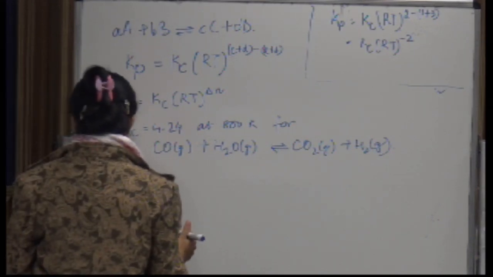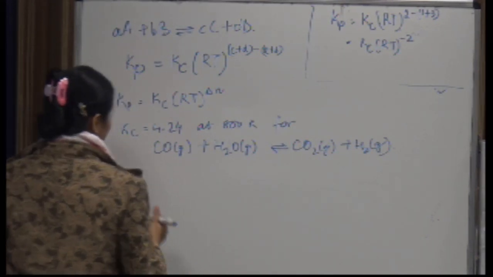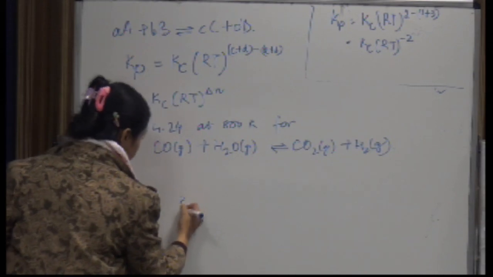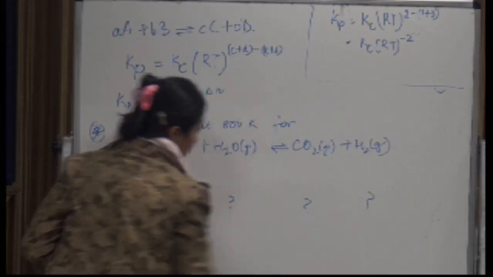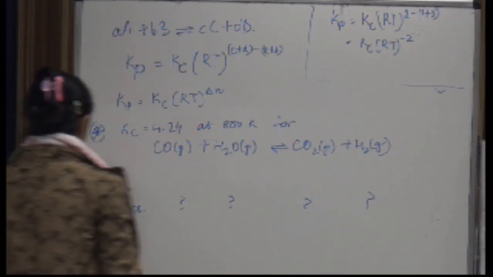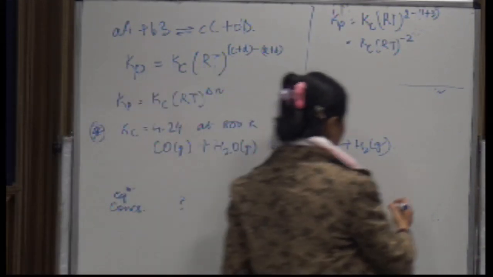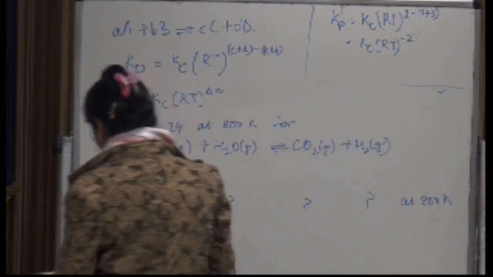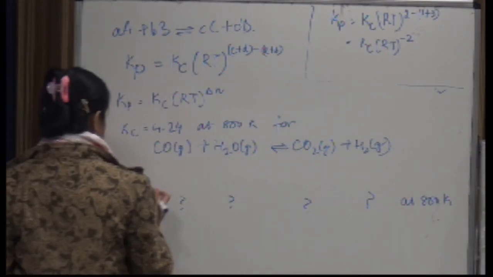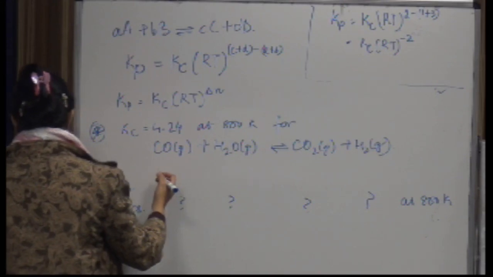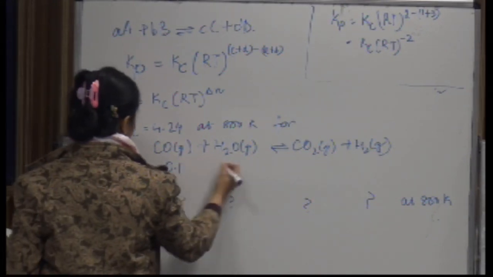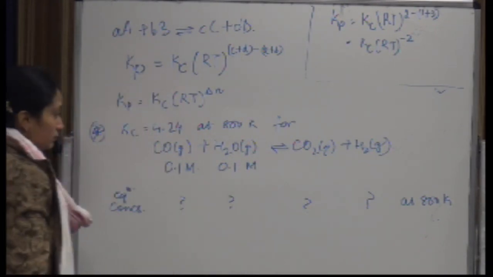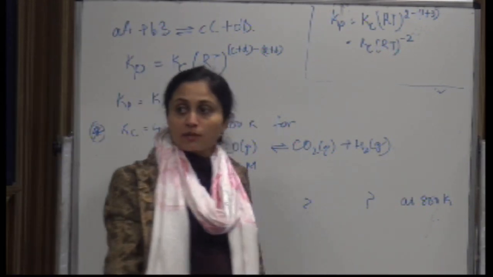You have to calculate the equilibrium concentrations of CO, H2O, CO2 and H2 at 800 Kelvin, given that the initial concentrations were 0.1 molar of each. Please listen to this question.